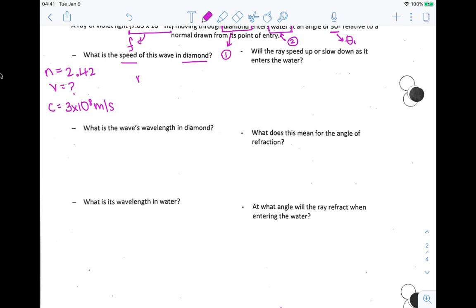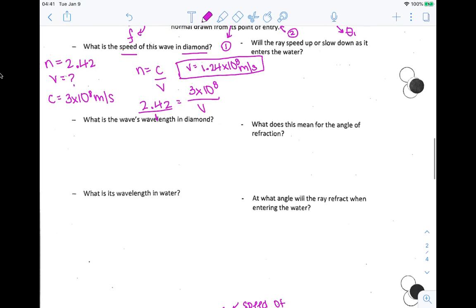I'm going to use the formula n equals c over v. We have 2.42 is equal to 3 times 10 to the 8 divided by v. To make this easy, we cross multiply, we divide, and we end up with v equals 1.24 times 10 to the 8 meters per second. This is the speed of my wave in diamond.